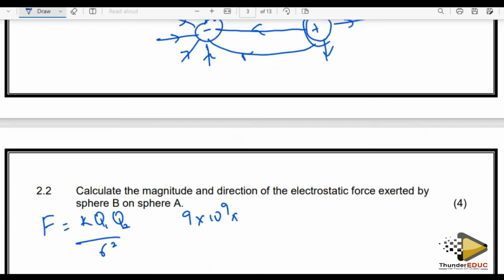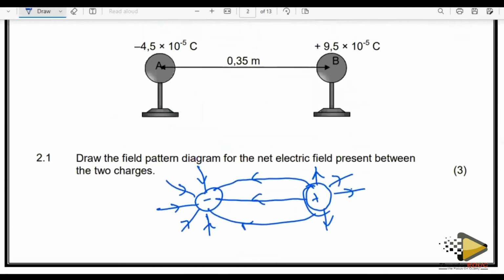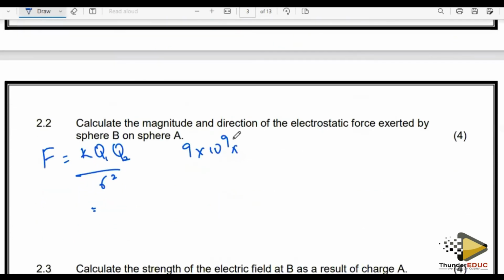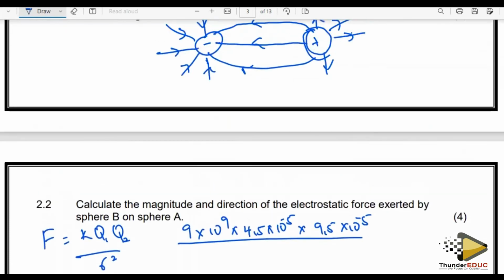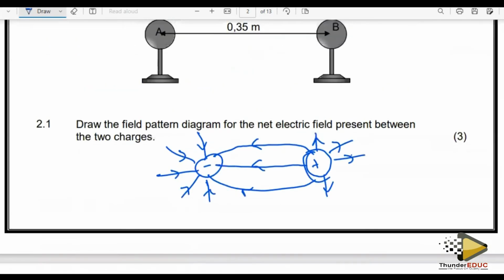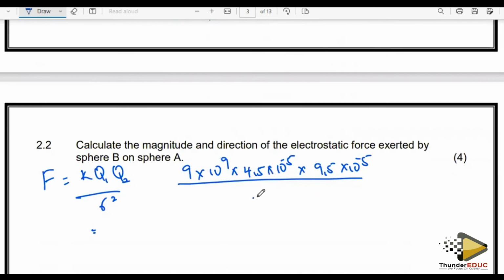The charge on A is 4.5 times 10 to the negative 5, and the charge on B is 9.5 times 10 to the negative 5. Distance of separation is 0.35, and then I'll square that.